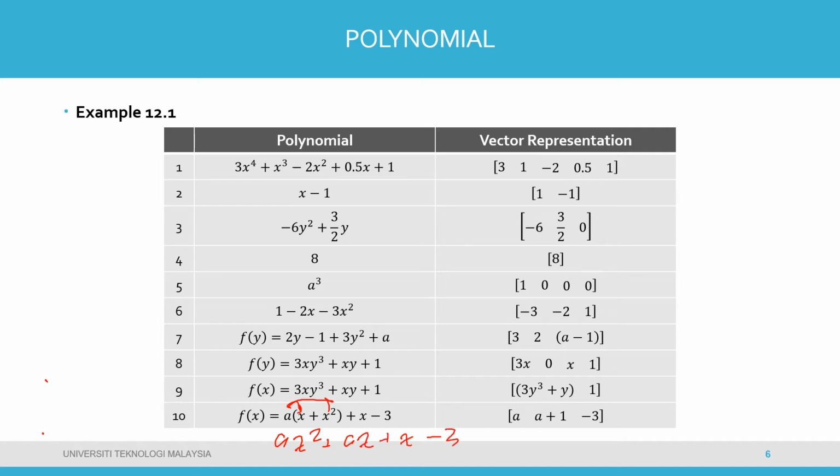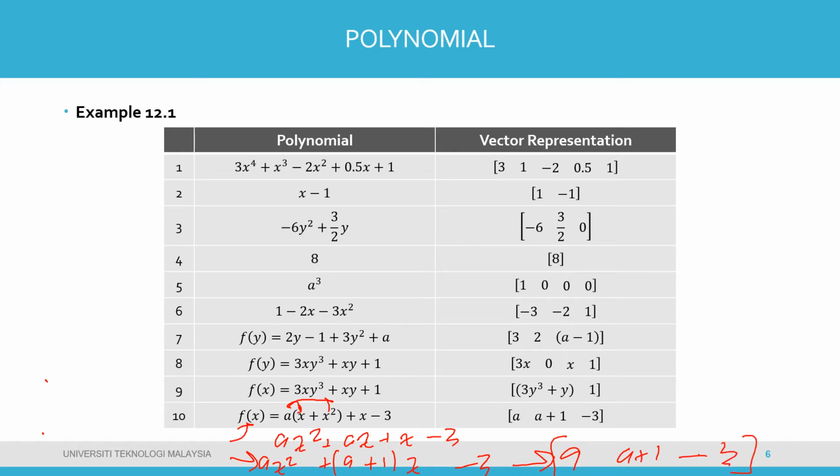So of course you have to group it together because this is an x function. Okay, so ax squared plus (a plus 1)x minus 3. After that you convert to vector, which is a. And then don't forget the square bracket, a plus 1 and then minus 3.